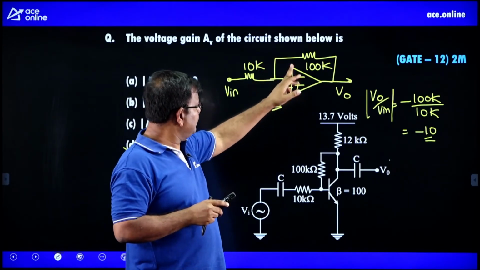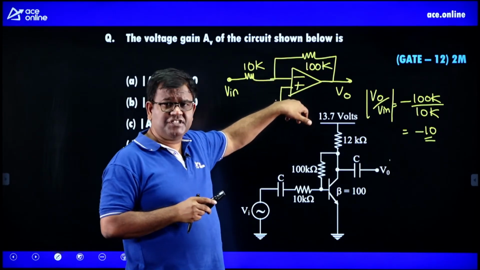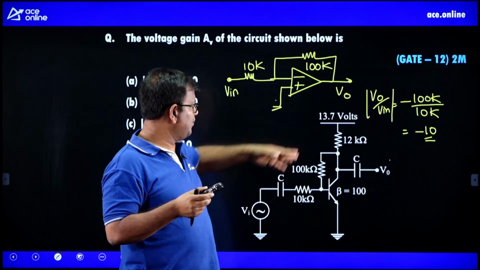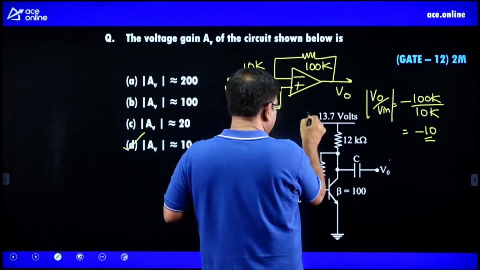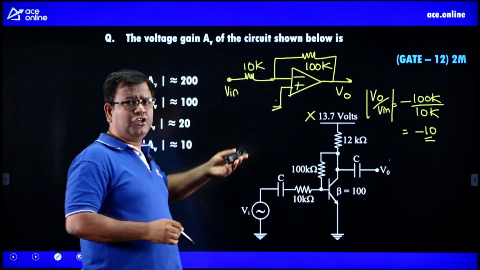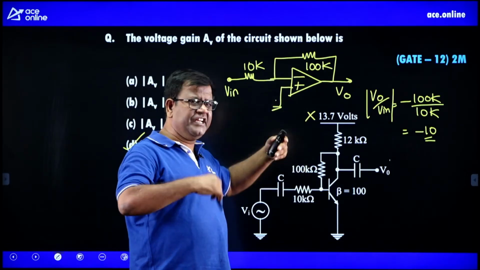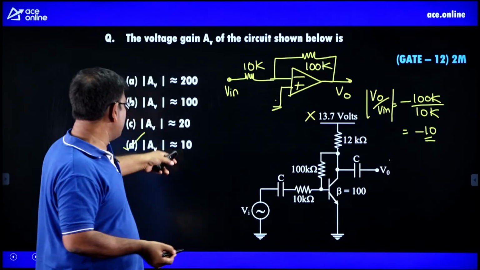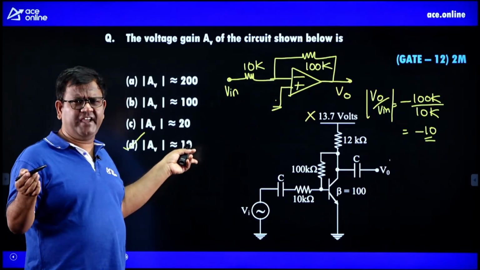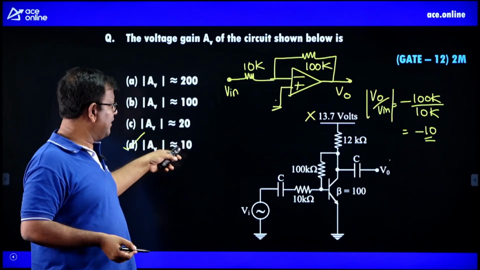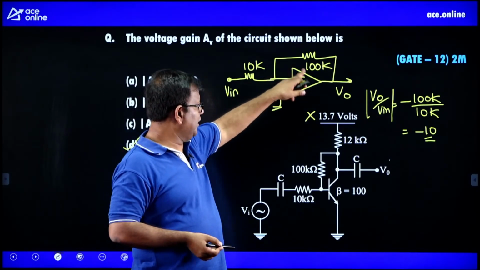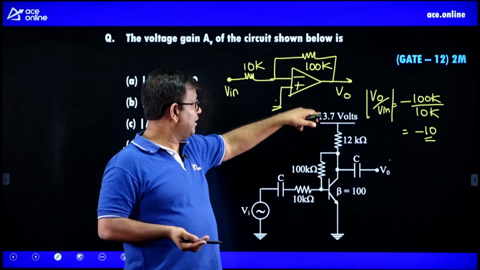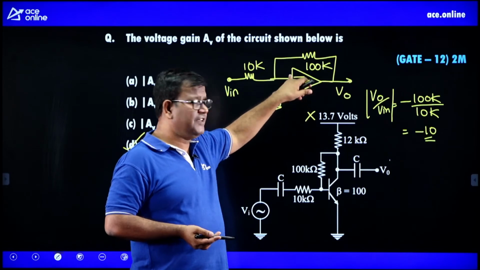In this problem, did I give you any supply voltage? No, I didn't give you any supply. So this supply is unnecessary data. You can take the supply voltage and do DC analysis and AC analysis, and finally your answer is going to come close to minus 9.5 or something like that, but that's not needed, because I didn't give any supply here. This supply is also not needed. Did I give the gain of this op amp?